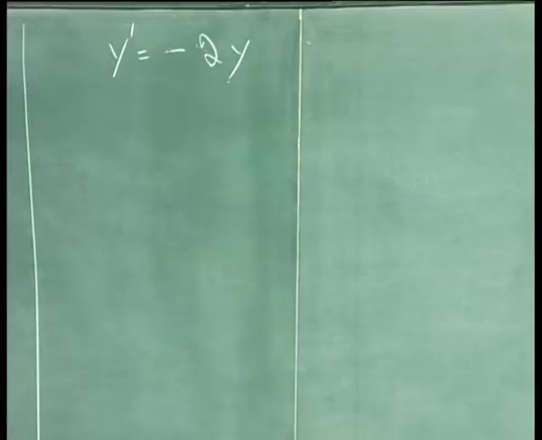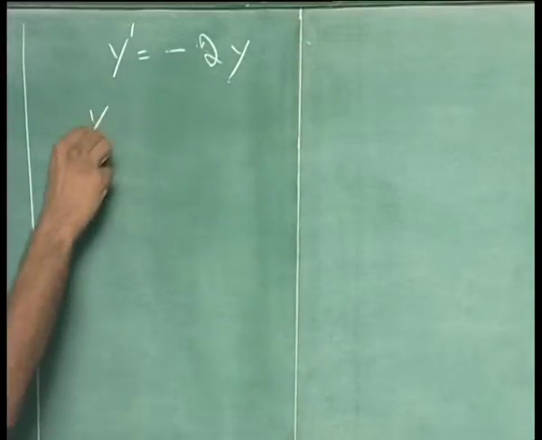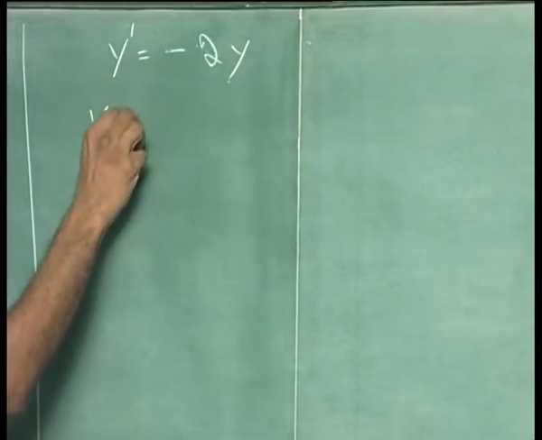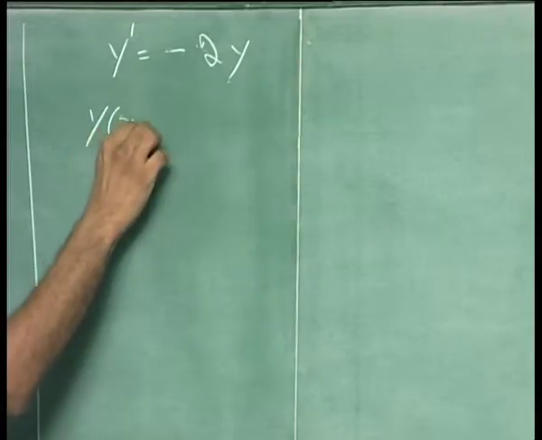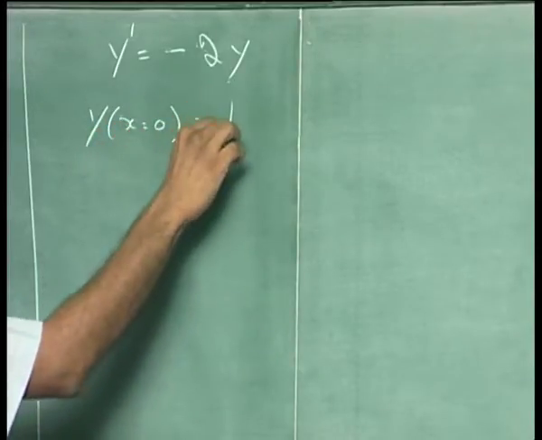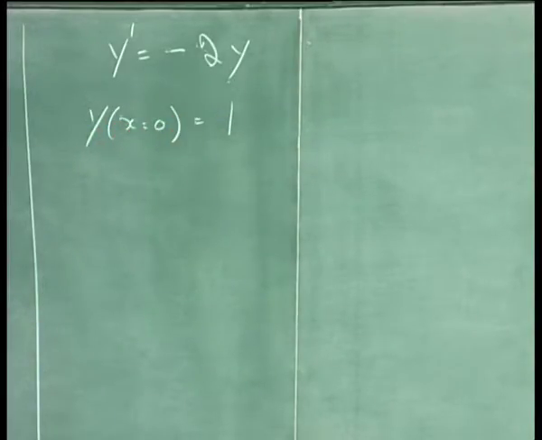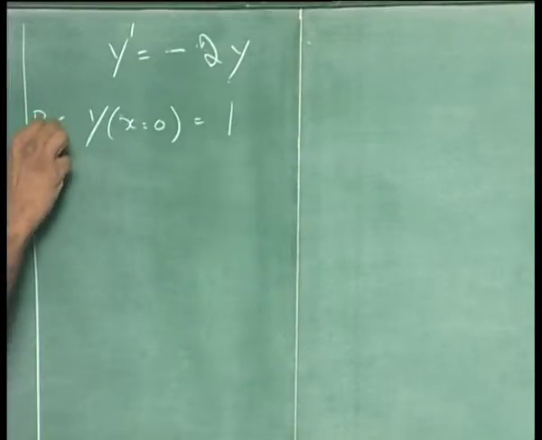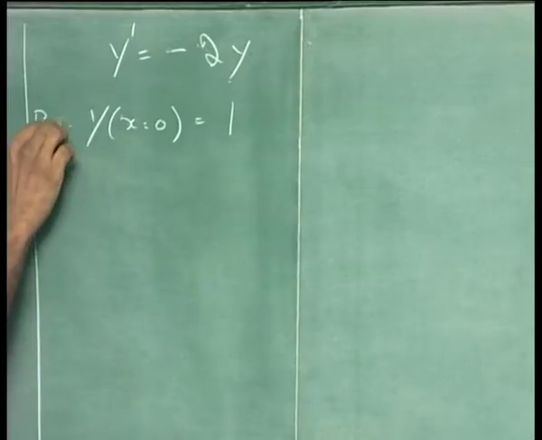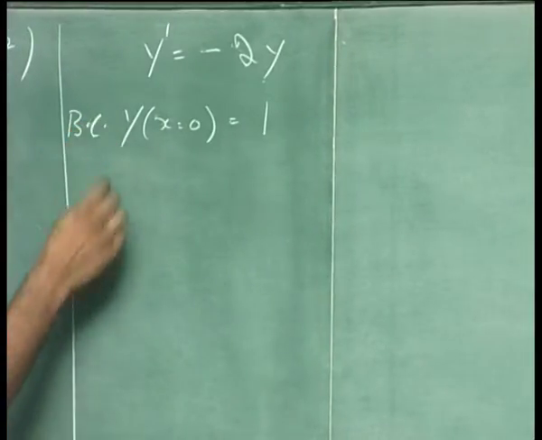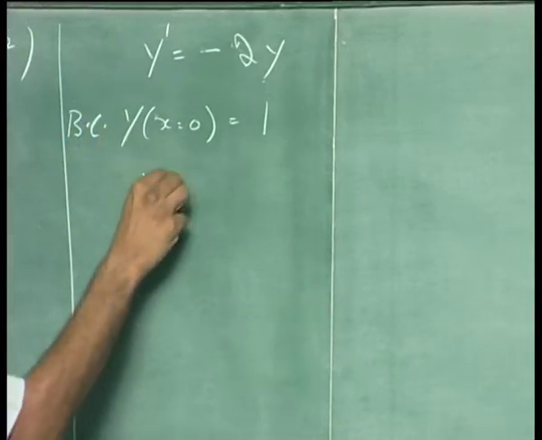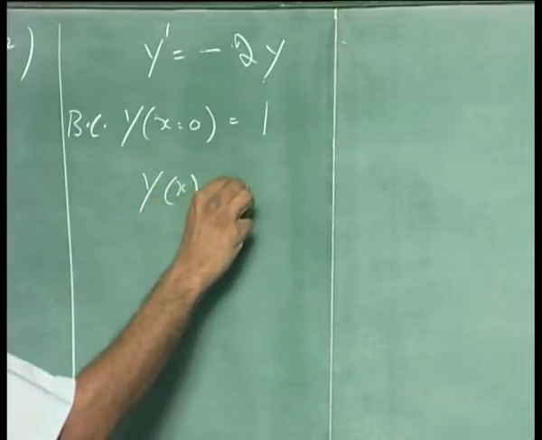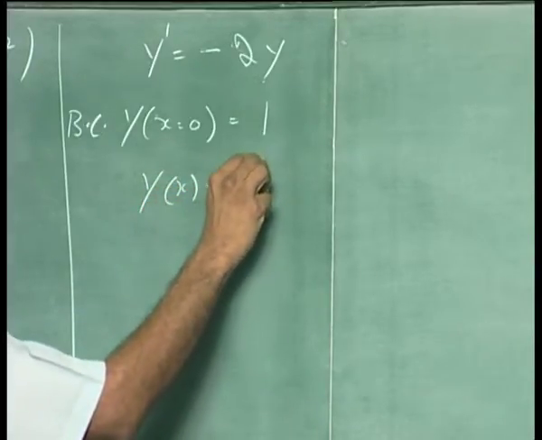That is the equation which we are trying to solve, with the boundary condition that y at x equal to 0 is equal to 1. That is our boundary condition. We know what the solution to this is analytically, so we can compare that. The solution would be y of x is equal to exponential of minus 2x.